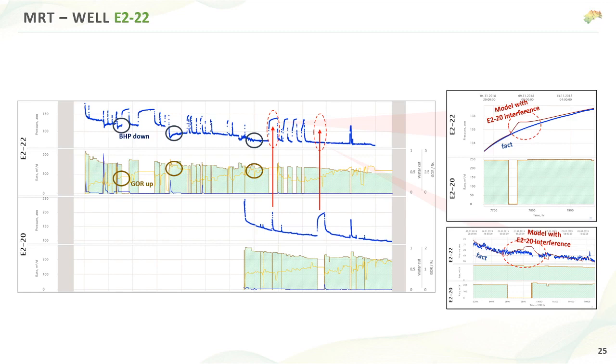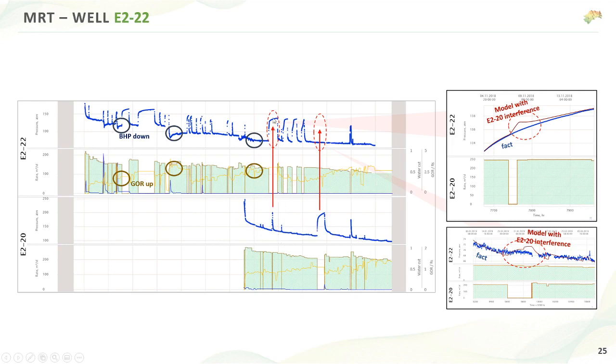But what if it is? Let's build a small model, and this model would say that, okay, let's take this additional pressure decline and say that it is an impact of this production. Based on this model, we can predict the pressure behavior of well number 22 with the impact of well number 20. And here is what we would see.